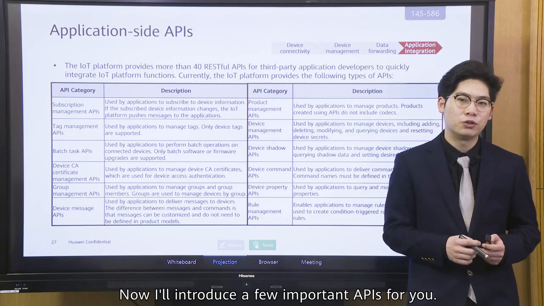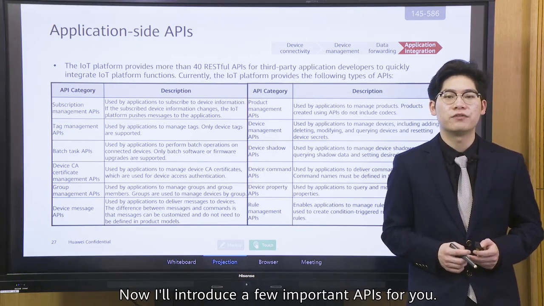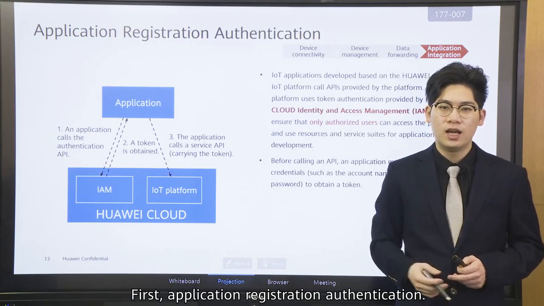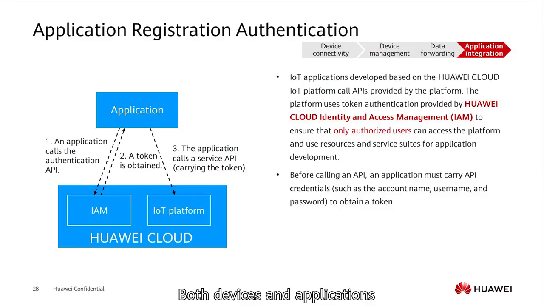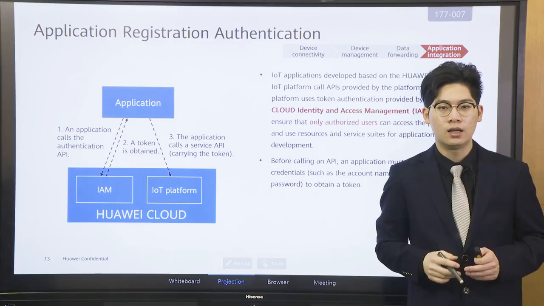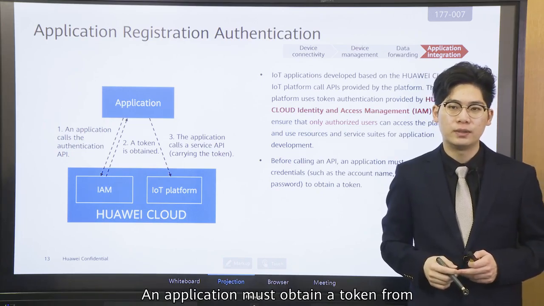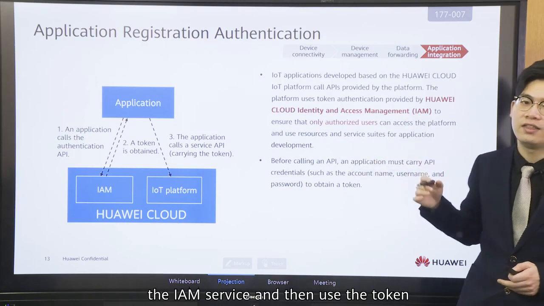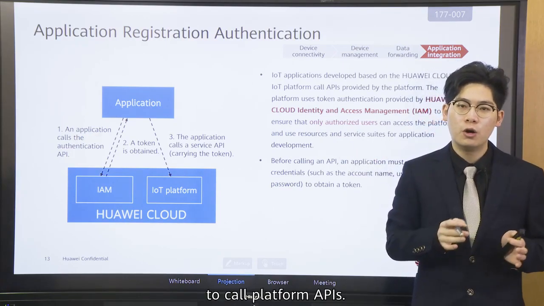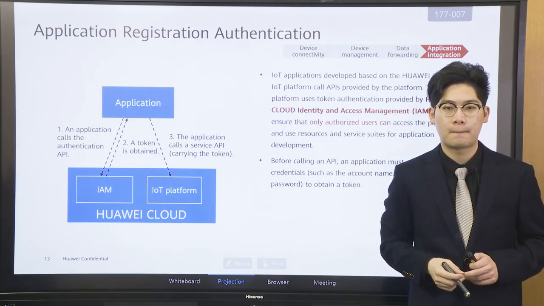Now, I will introduce a few important APIs for you. First, application registration authentication. Both devices and applications must be authenticated before they can access the IoT platform. An application must obtain a token from the IAM service and then use the token to call platform APIs.